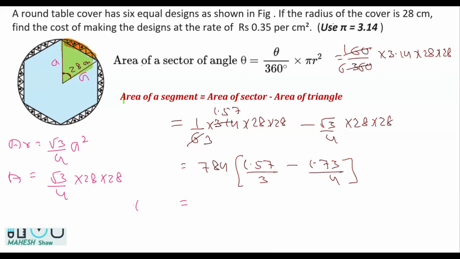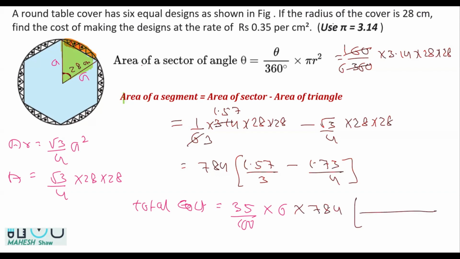Now let's get the total cost. As you know, the rate is given as 0.35, so I can write the rate as 35 over 100 in rupees. There are 6 designs, so I'll write 6 here, multiplied by the area of one sector, which we have calculated as 784.